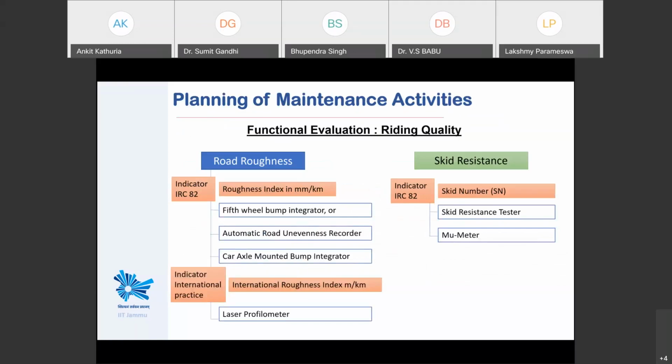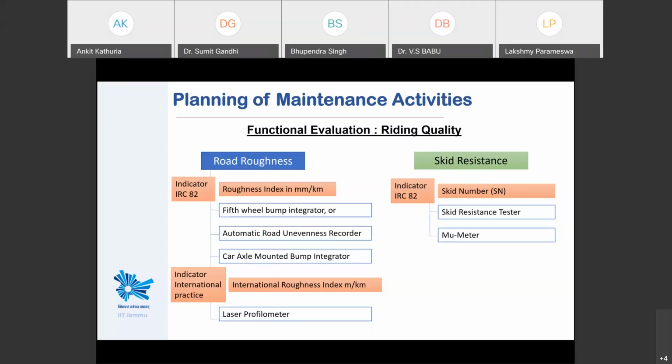So till now we have seen the rating based on the pavement distresses. The next part of evaluation is the functional evaluation, or the riding quality evaluation, which is further divided into two parts: one is road roughness and the second is skid resistance.